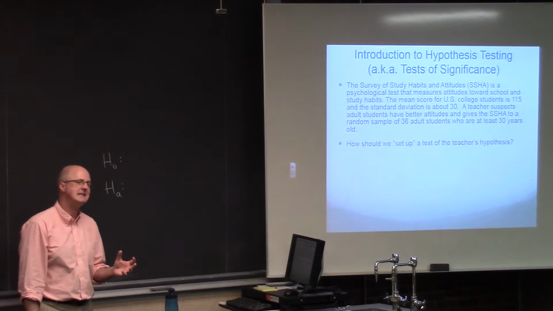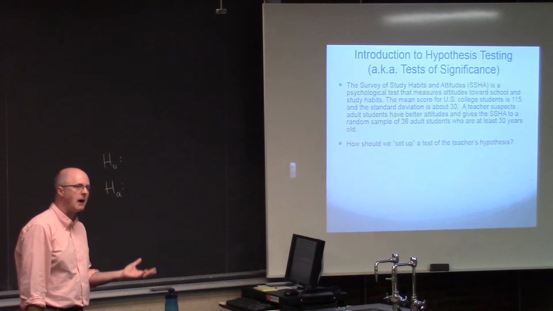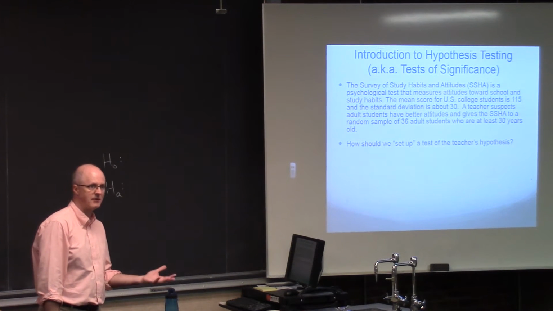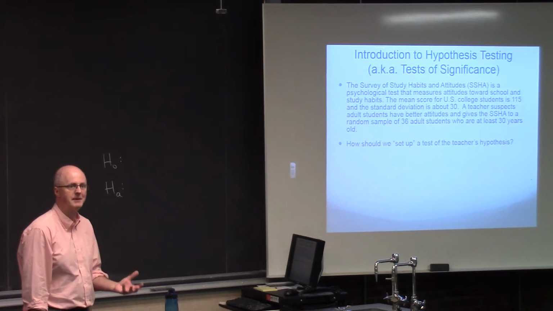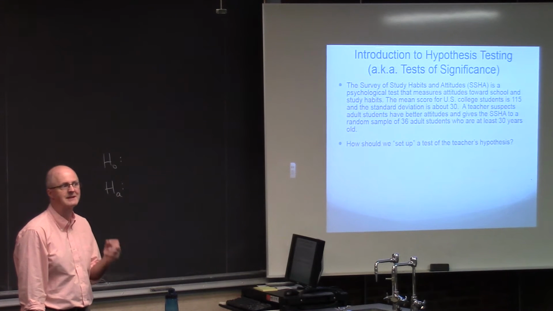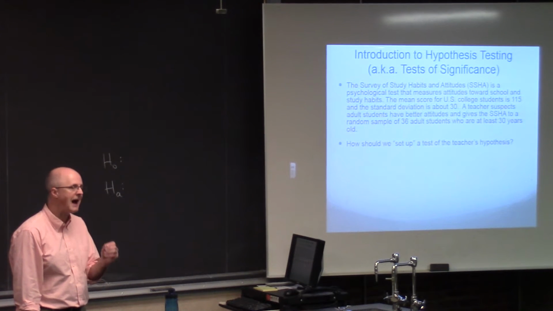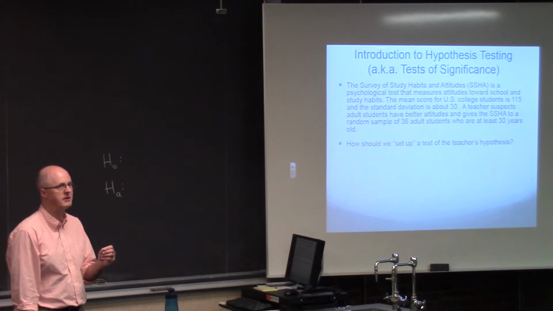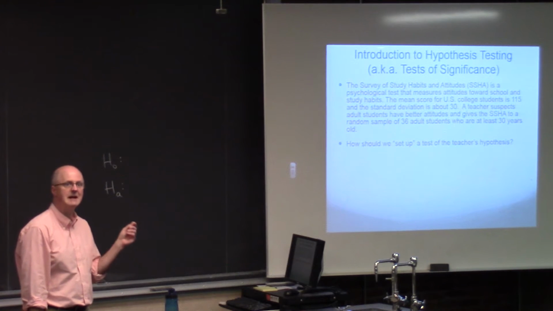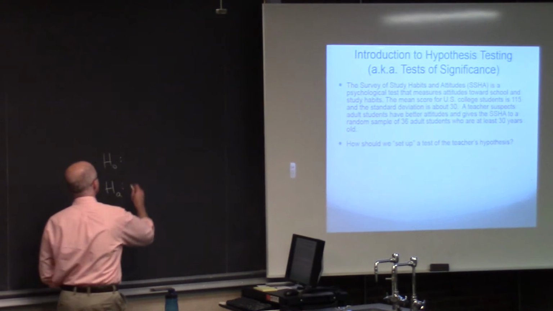These hypotheses are assumptions, hypotheses, theories about values of population parameters. That's the first important thing to realize. These are not about statistics. These are about population parameters. In this case, a population mean, mu.